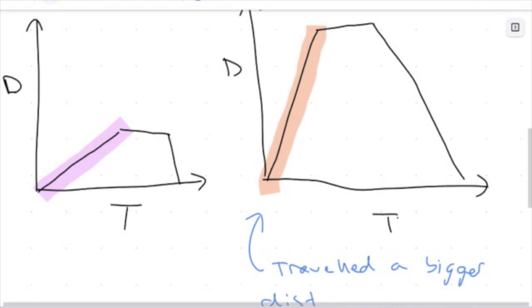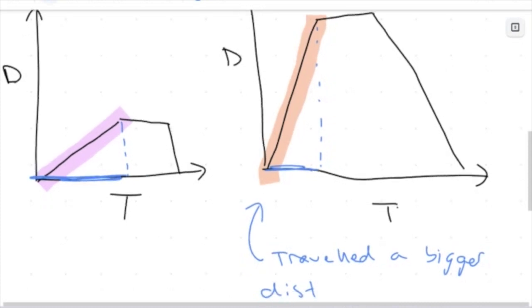So it's traveled a longer distance, and it's actually done this in a shorter amount of time. Because if we compare, for example, from here to here, that's a shorter distance, it's a shorter time compared to from here to here. So the motion that I'm drawing on the right, the slope actually tells me, by it being steeper, I've traveled a bigger distance in shorter time.